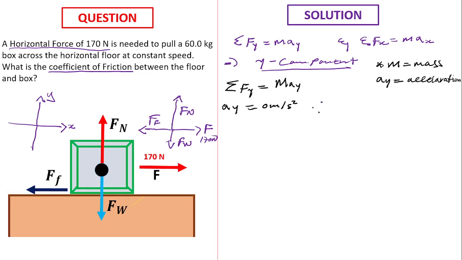Therefore, the summation of forces in the y component is simply equal to the mass, which is 60 kg. So you say 60 times 0, and the summation of forces in the y component is simply equal to 0 Newton.